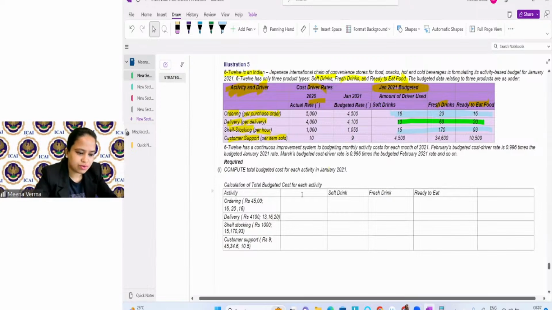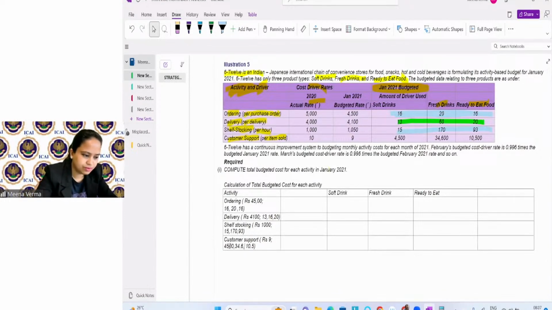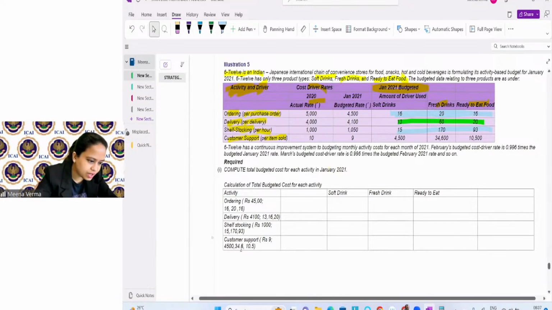This could be the basis of allocation. But you have the cost driver now. Let's take the complete value because we have the cost driver rate.